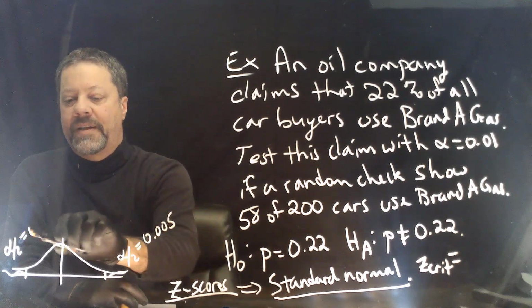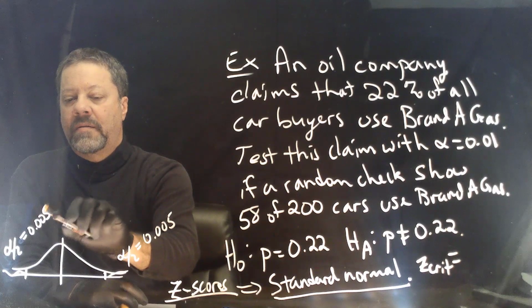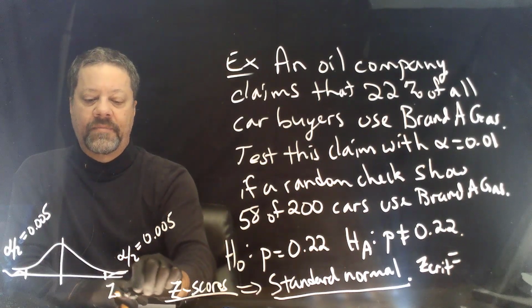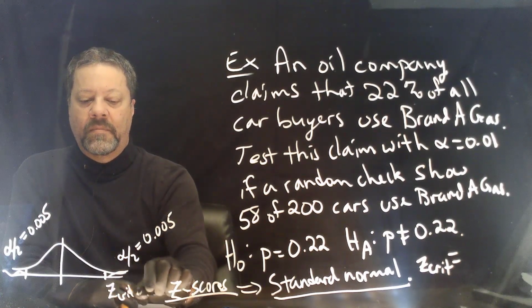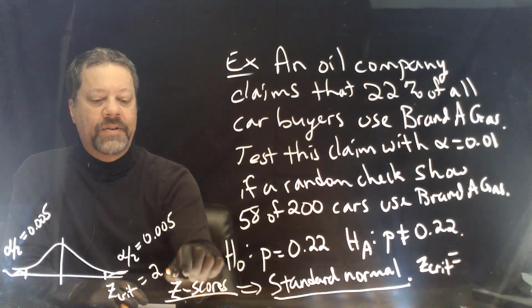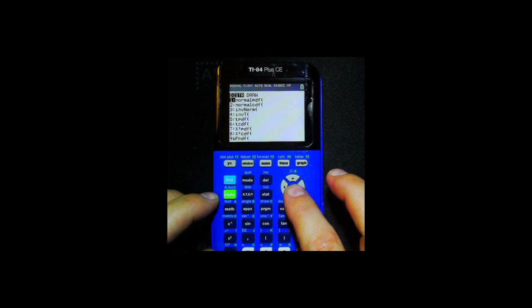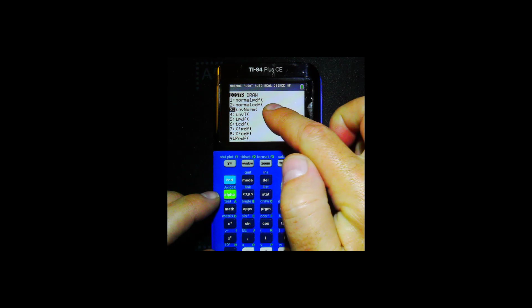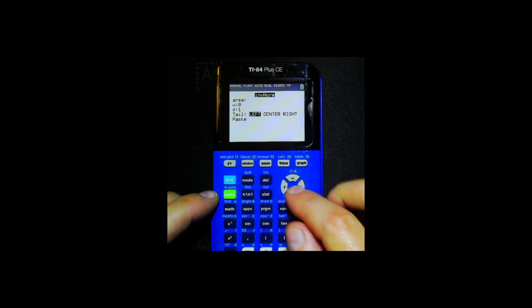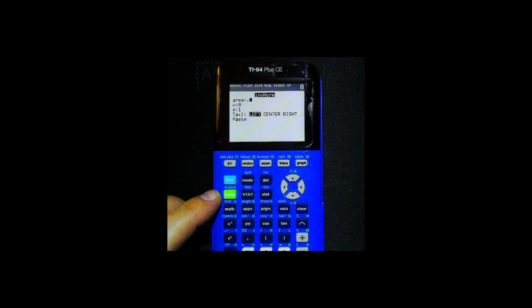So 0.5% in each tail. The critical z you can find with an inverse normal, or you can look it up in a table. We'll use second distribution and then inverse normal. The area is 0.005.